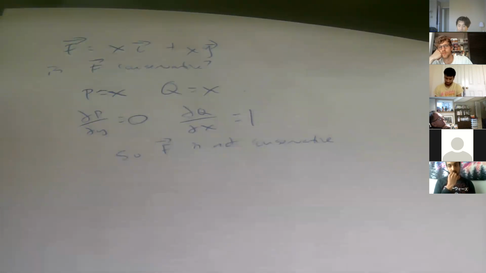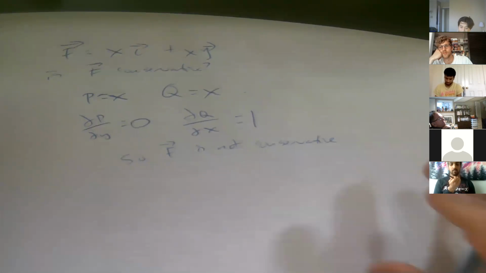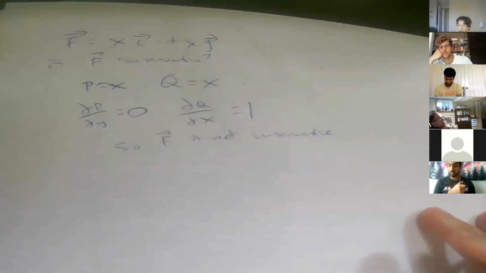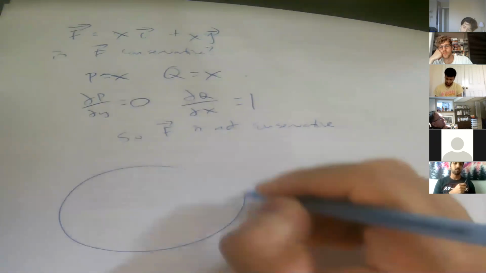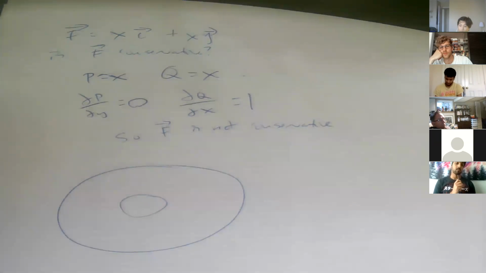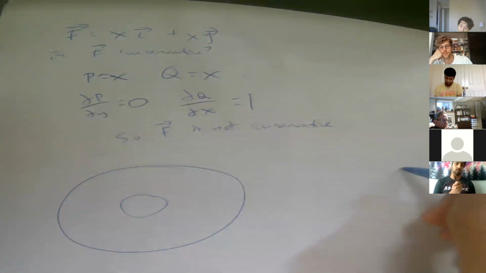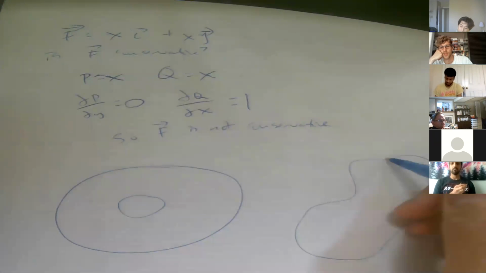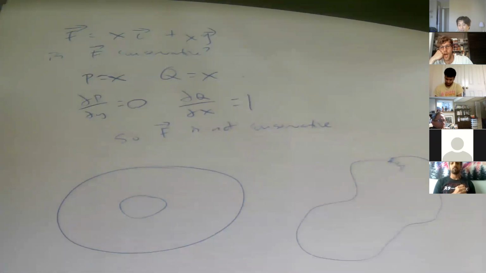Okay? And let's write that down. So let's talk about nice. Imagine this is open. Is this region nicer, or is this region nicer? I'm going to say the second one is nicer. Why is the second one nicer?